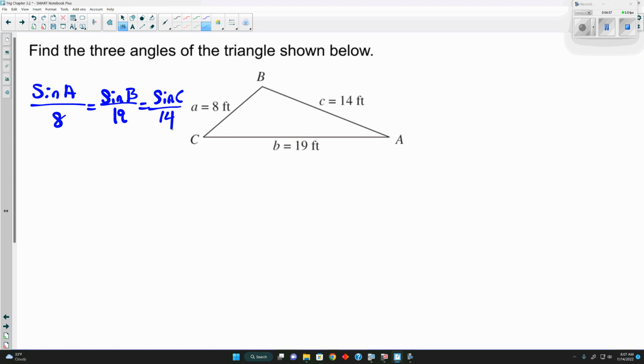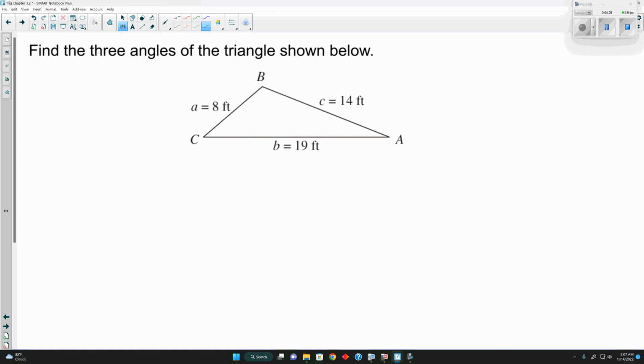Because if we try to set it up this way, we need only one variable. And no matter how I set it up with A and B or A and C or B and C, I still have two variables. Because I have angle A, B, and C. I have three unknowns. I can only solve for one at a time. So the law of sines does not work.